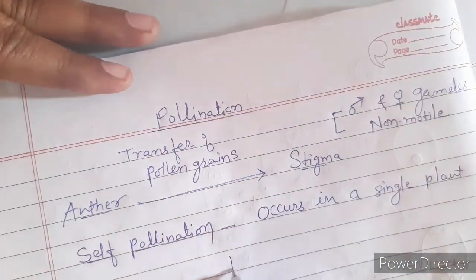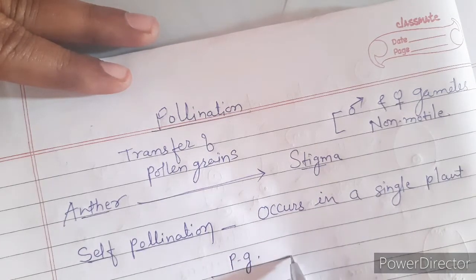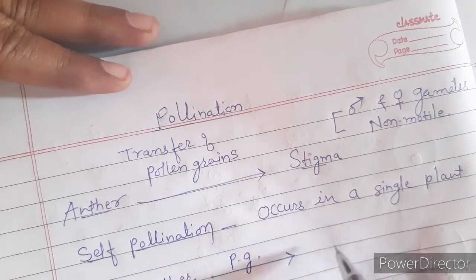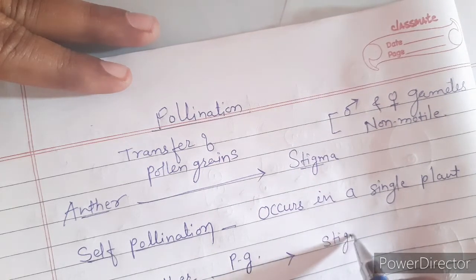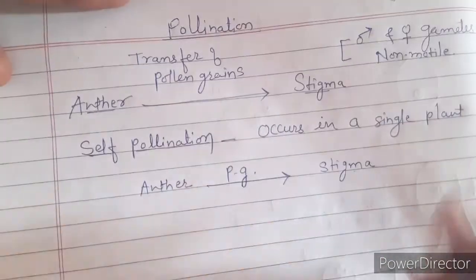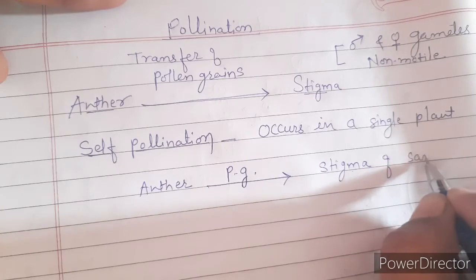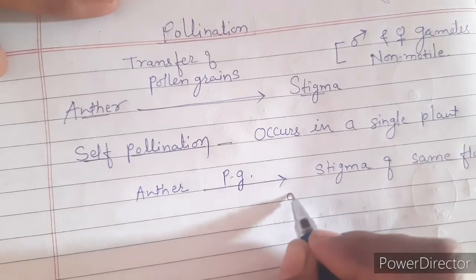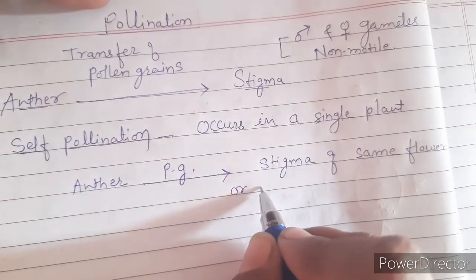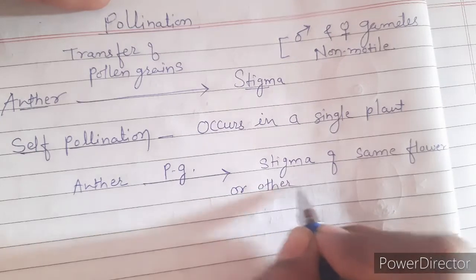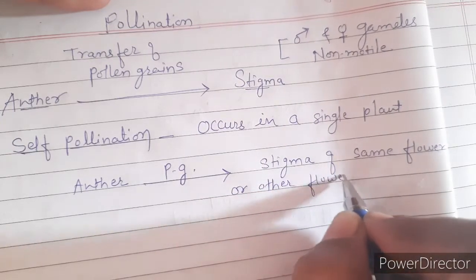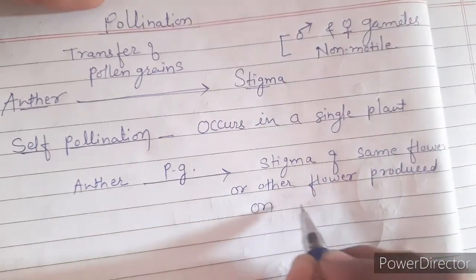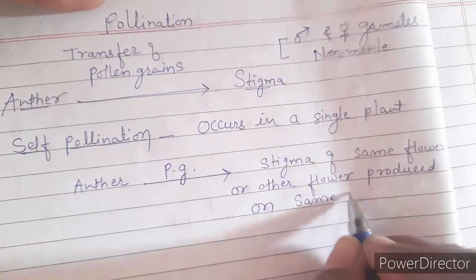Here, the pollen grains are transferred from the anther to the stigma of the same flower or another flower produced on the same plant.